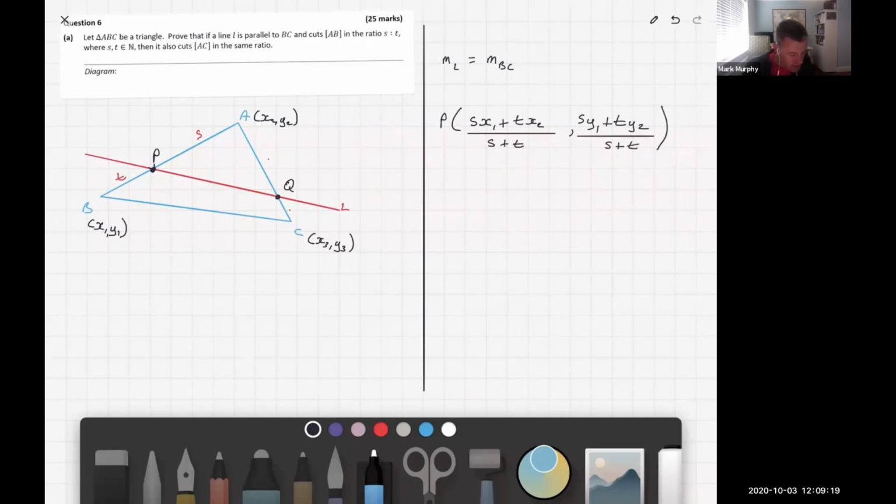Then I said, let's look at what else we can write down. Q. I'm actually doing it kind of backwards. I'm saying that it does divide this up into S and T, and then we have to prove that they're the same.